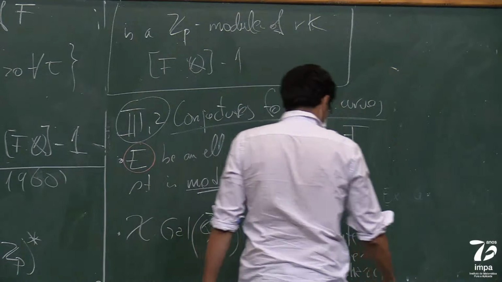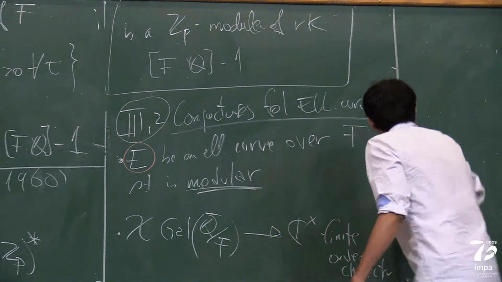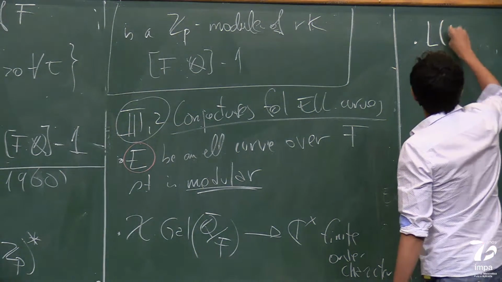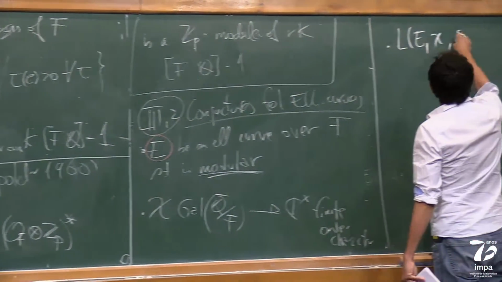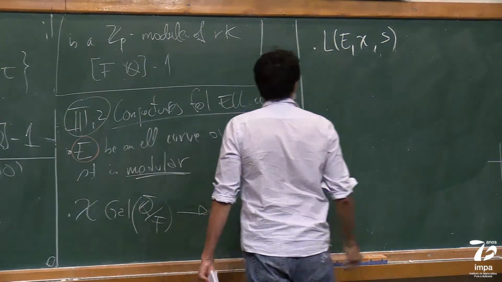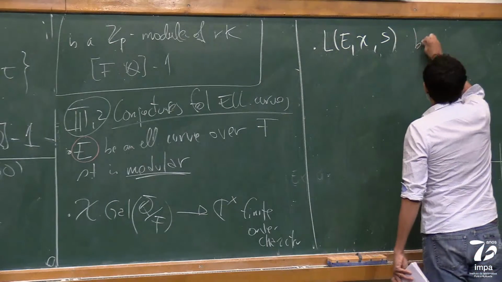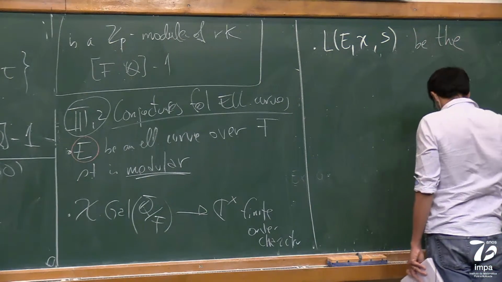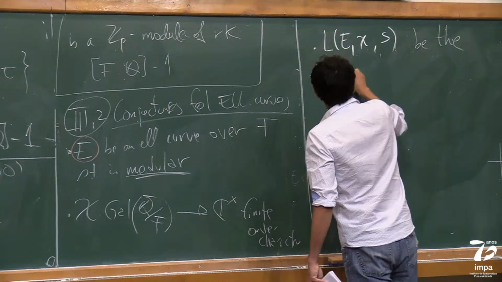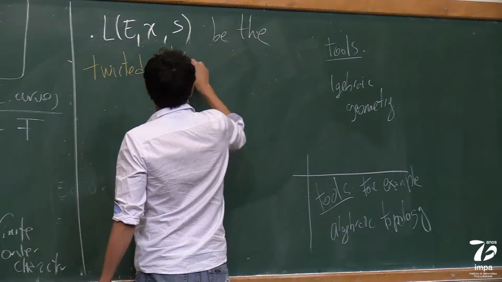One important invariant attached to this data is the following: the twisted L function of E.